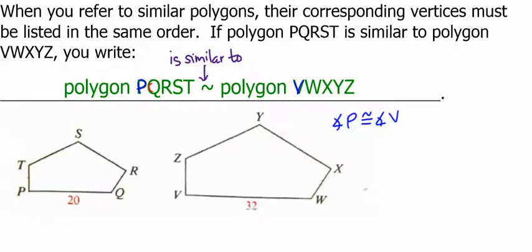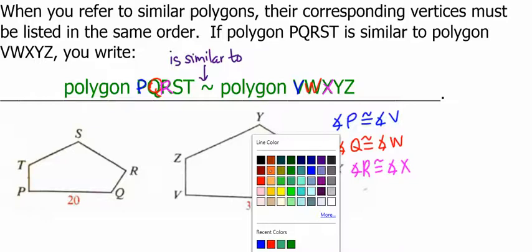Then we've got Q. Q is going to correspond to W. So we'll have angle Q is congruent to angle W. Now what allows me to write these congruent statements off to the right is the fact that I've been told that these two polygons are similar to one another. Then we have R is going to correspond with X. So angle R is going to be congruent to angle X.